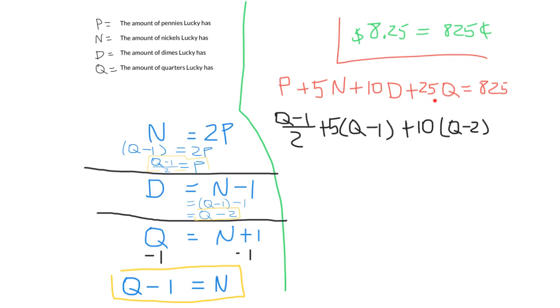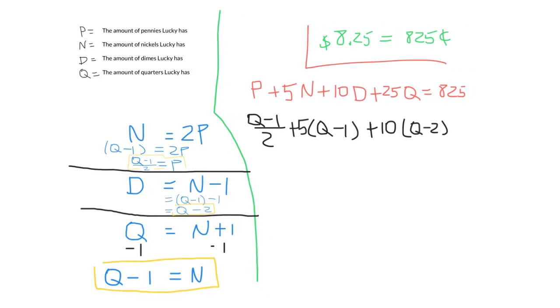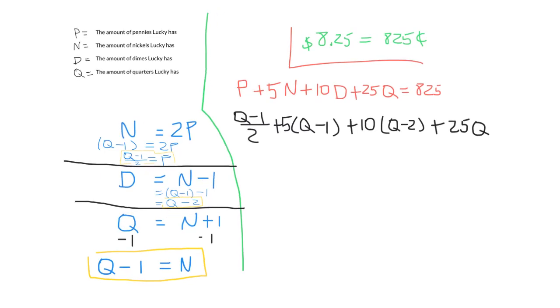And then after that, we just have plus 25Q, so what's great is that you don't even have to write anything here except 25Q because it already has a Q in there. So we're actually good there. And that equals 825. 825 cents to be specific.